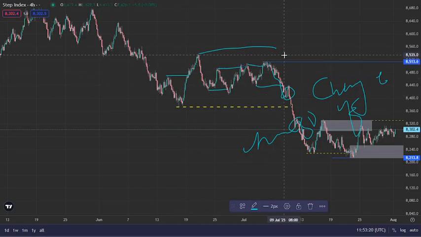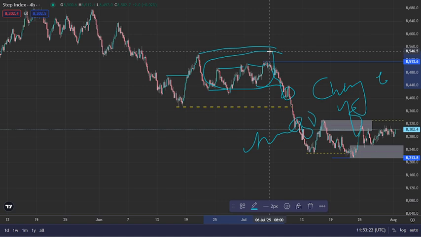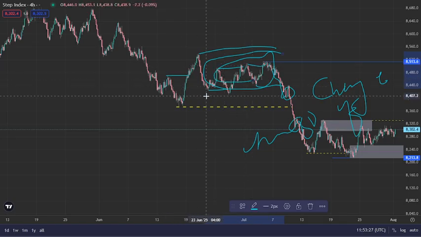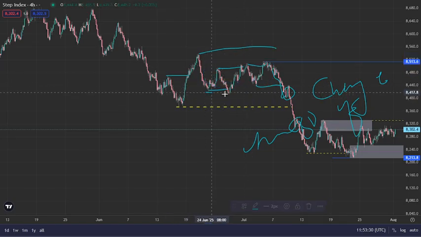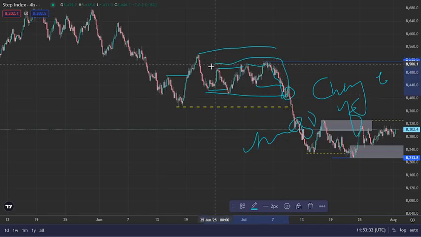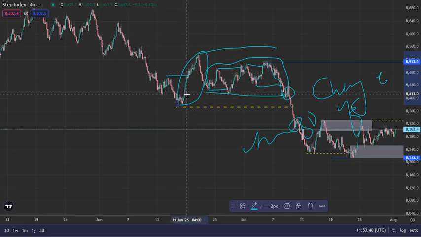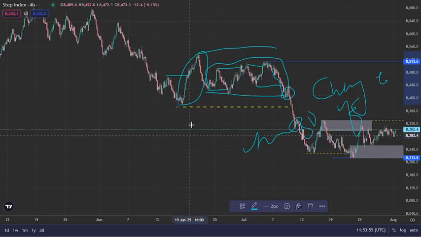So we can deem here to be internal structure, whilst here we can deem to be the swing structure. This goes much deeper than what we have been discussing, but yes, this is an internal structure and this is a swing structure.